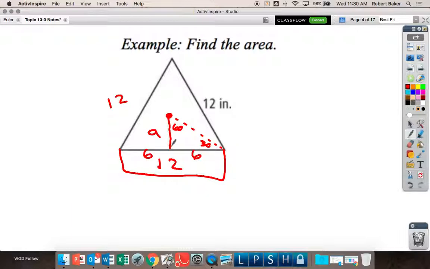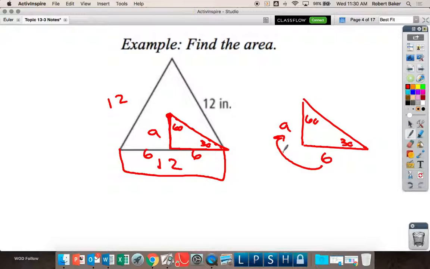So if this is a 30, 60, 90 right triangle, how do you get from here to here? You divide by the square root of 3. So 6 divided by the square root of 3.